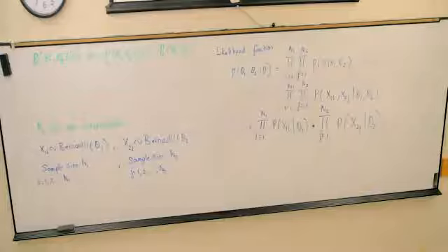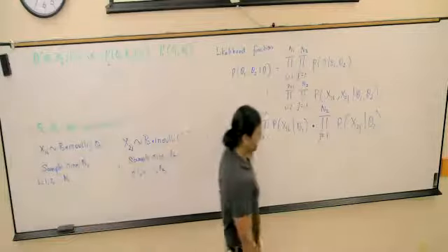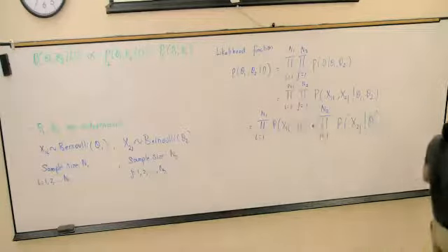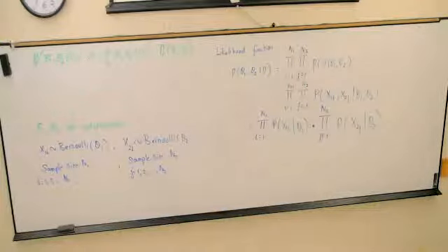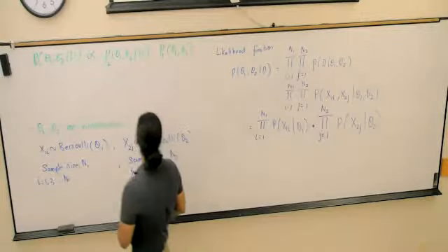The prior is once again a joint distribution of theta 1 and theta 2. Sure, I can keep it as a joint distribution, but it would be better if I used properties of independence.